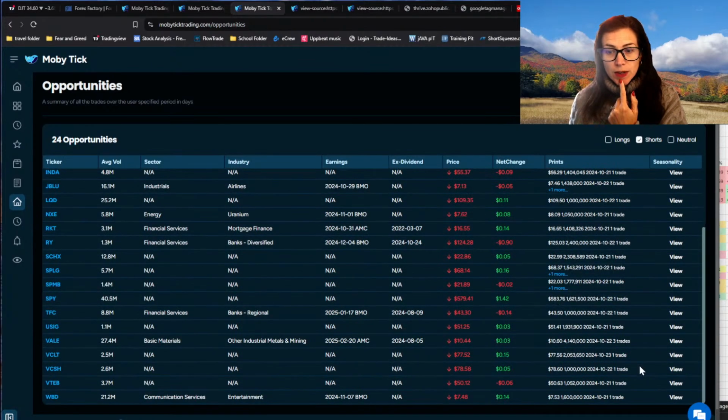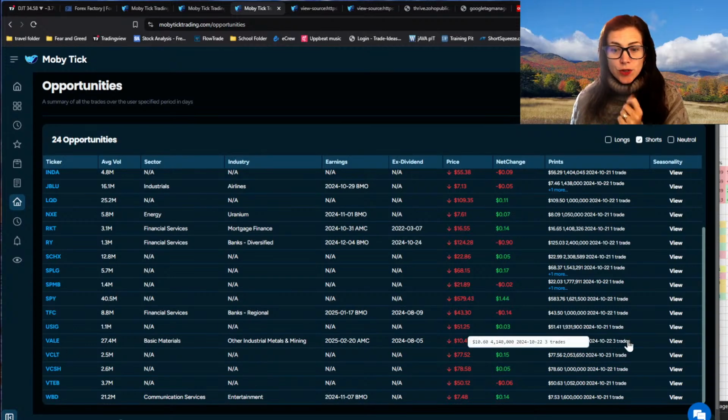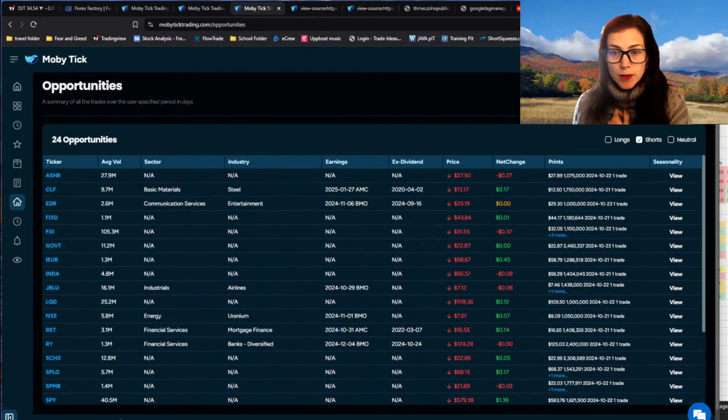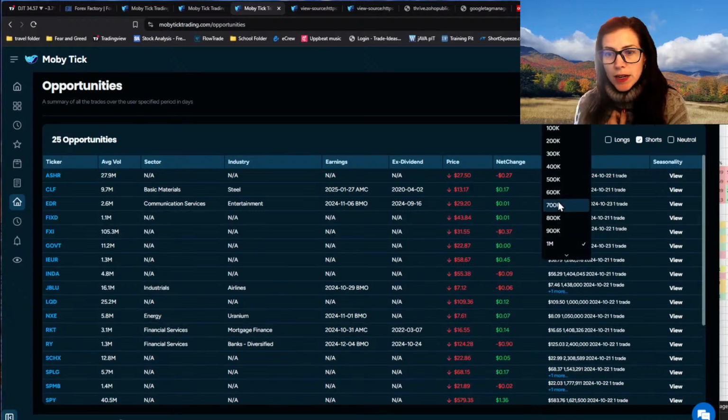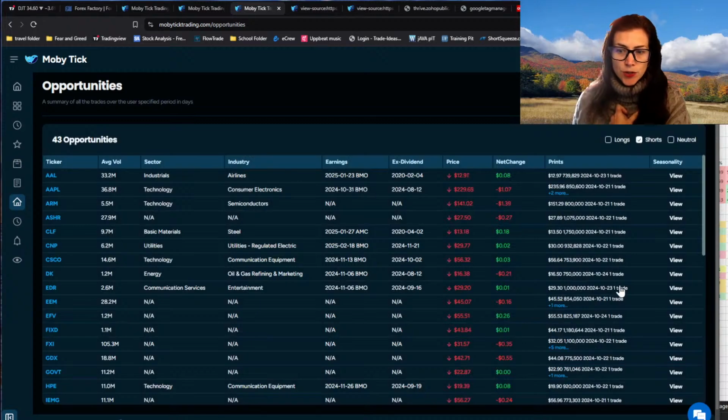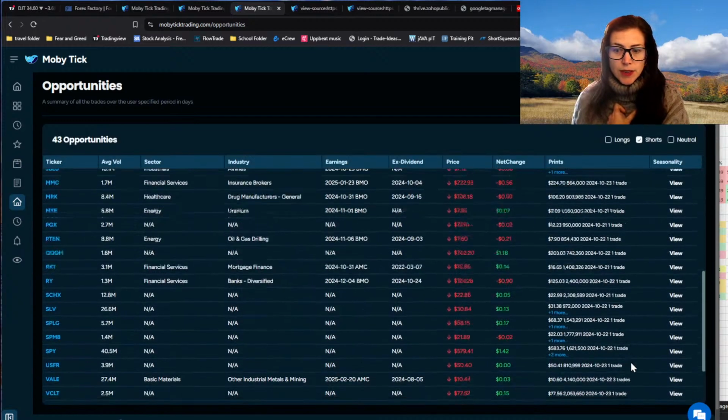We can maximize it and say, oh, look, Valet has 3 trades above us. Right now, that's the only one that has 3 million share trades above us. Okay, so let's bring it back down a little bit. Let's go to 700,000. How many trades do we have with 700,000?